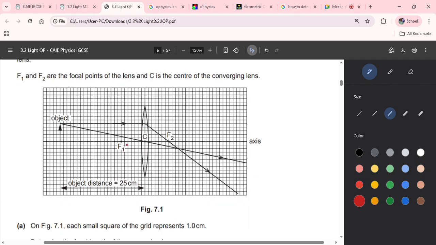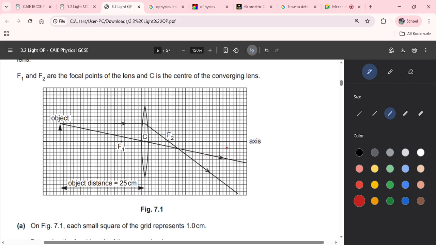Object distance is 25, meaning from this to this is 25. Each small square grid represents 1 centimeter. So every single grid is 1 centimeter.